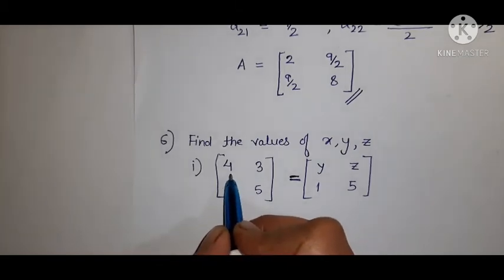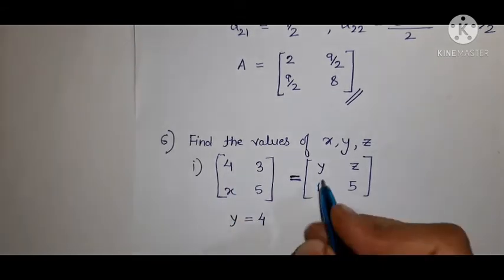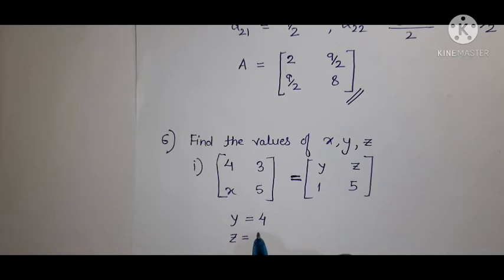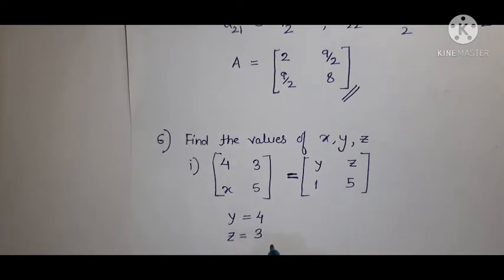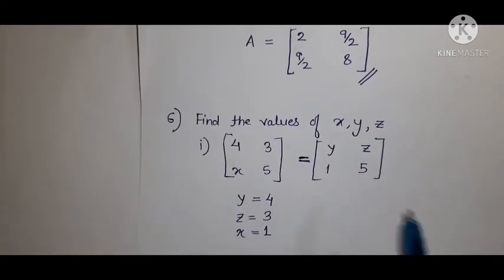The first element is 4. Corresponding to 4 we have y. So y equals 4. Similarly, z is the corresponding element of 3, so z equals 3 and x equals 1. This is very simple. You just equate the corresponding elements.